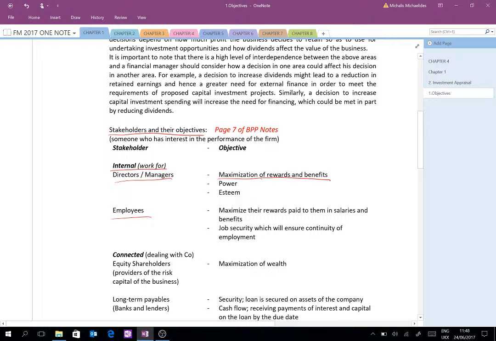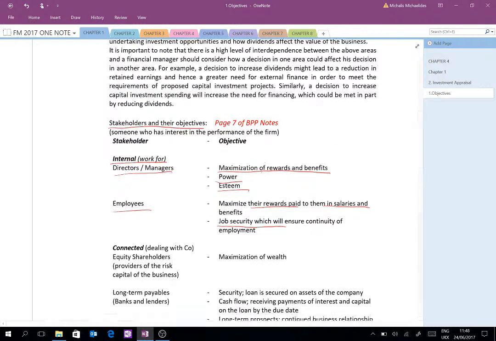This will allow them to increase the power and esteem that they enjoy due to the existence of our business. Now, our employees, again, they care about our business because if our business performs well, they will enjoy benefits, meaning salaries and other benefits, and also they will enjoy job security, which will ensure continuity of their employment.